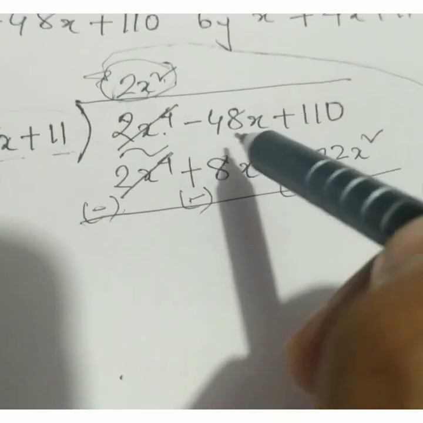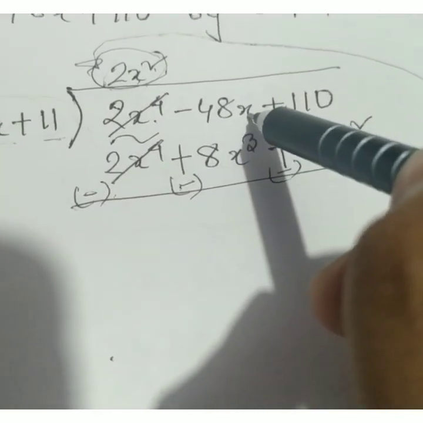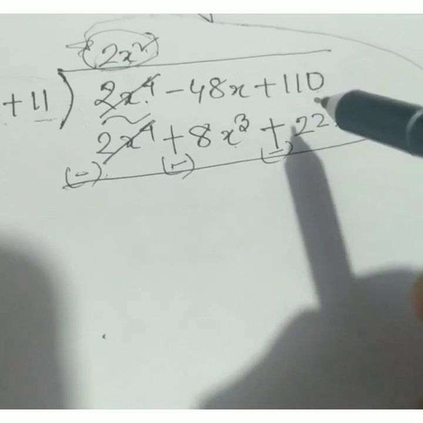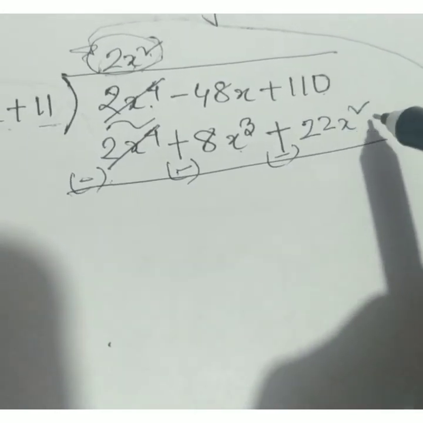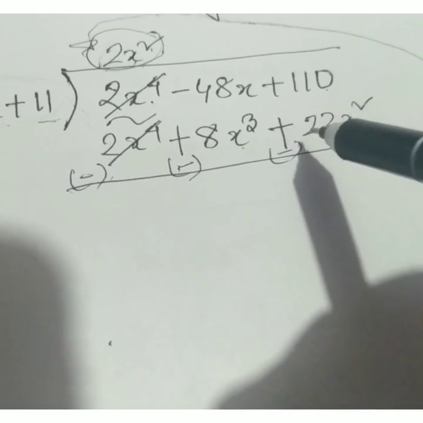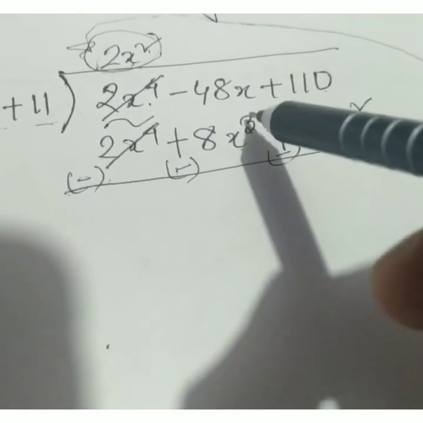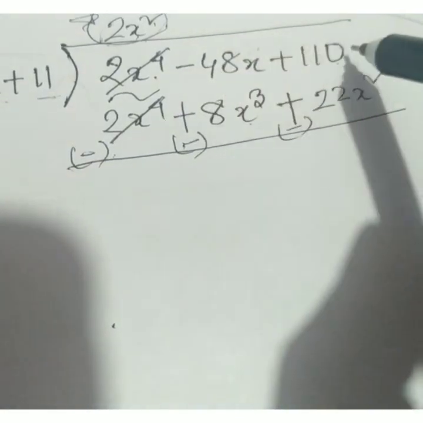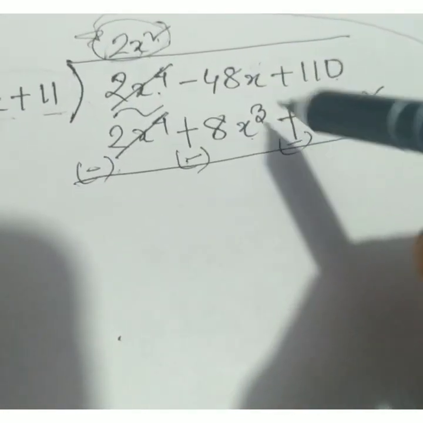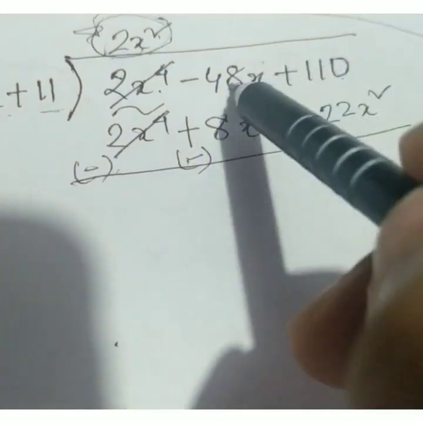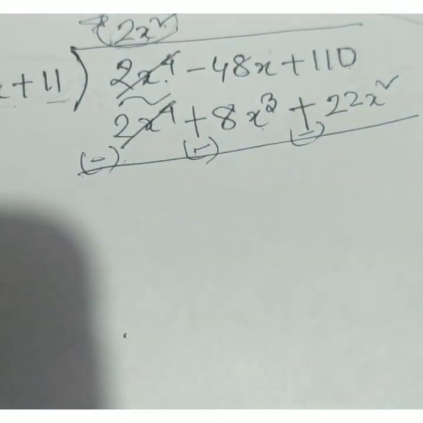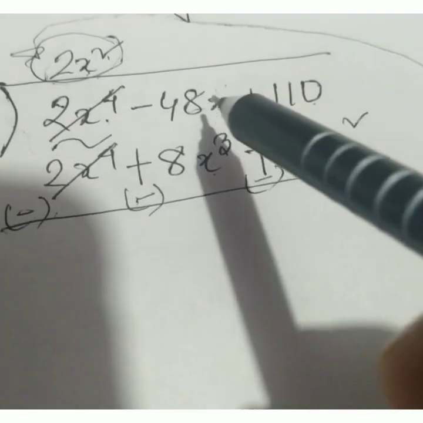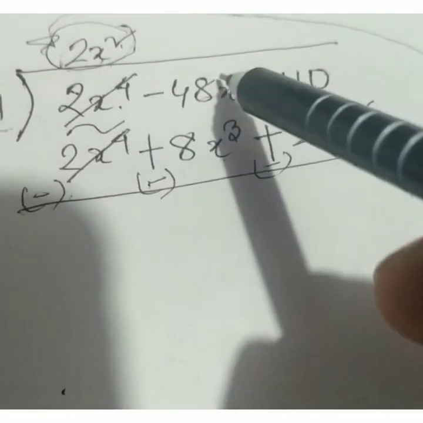Next, you see over here there is x, over here there is x³, over here there is 110, over here there is 22x². The powers of each variable do not match, you can see. So we write all the terms together in the second line, because we cannot subtract each of them. Why can we not subtract? Because the powers do not match.